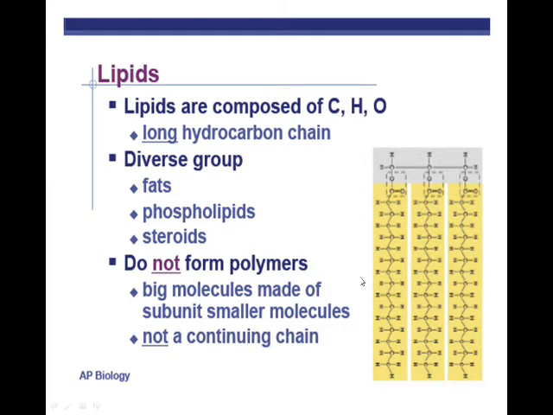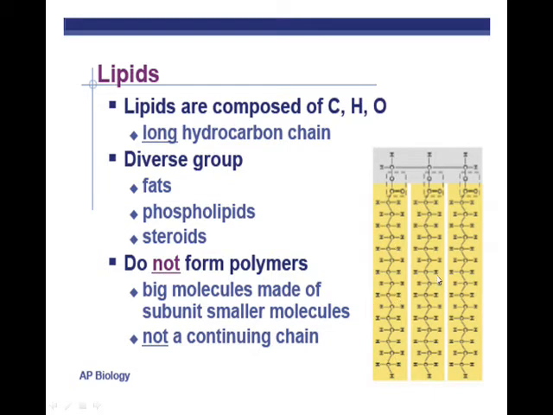They don't form long chains made of similar subunits. They're not continuous chains like we saw. Remember, think about those pop beads we talked about, making little subunits into a bigger polymer molecule, like when we made polysaccharides. If you look at this fat, there are pieces that go together.